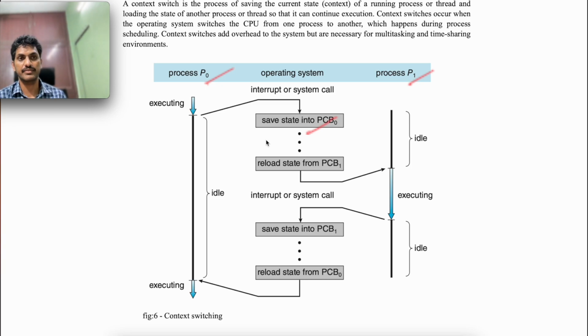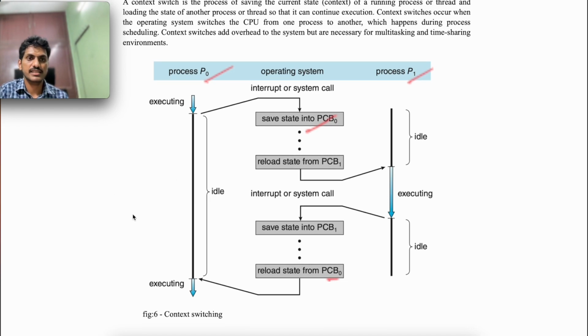This is the need for PCB. Okay, you understand? So on interrupt, when you are stopping P1, save that state. When you want to run P0, reload that one. If you want to run P1, load that one. If you want to run P0, then load PCB 0, right? This is the context switching.